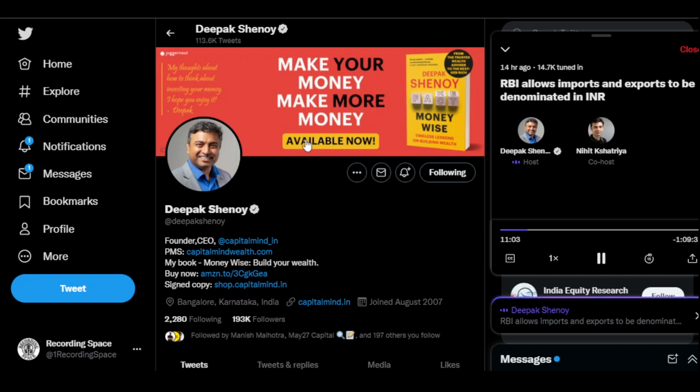Whenever a person exports to Russia, he can say, take my rupees and give them to the Russian bank's escrow account in rupees itself. The Russian bank's escrow account will be credited with rupees. So the Russian bank owns, let's say, 10 crore rupees.